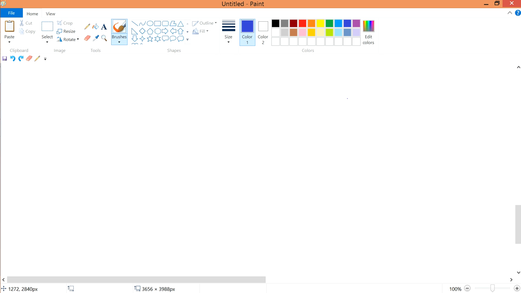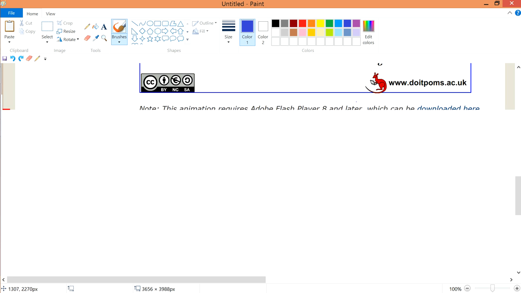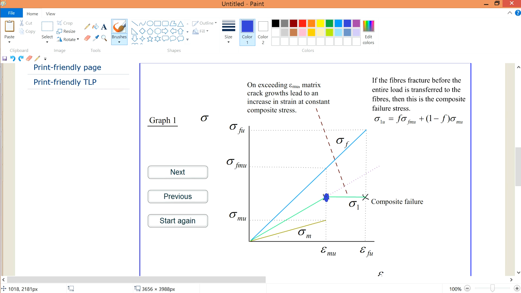Okay, the first scenario is that the matrix fails first. The second scenario is that the fibers fail first. Just now, what I've been saying is the case where the fiber fails first. But let's talk about the matrix failing first.